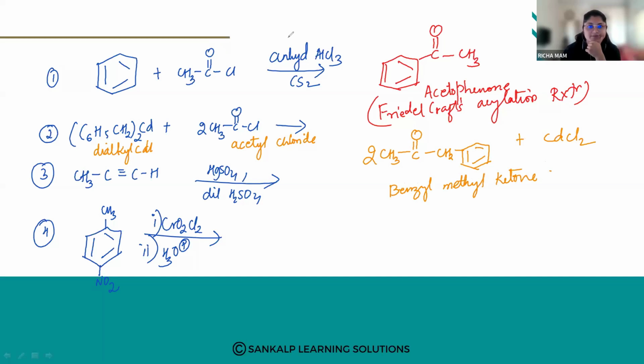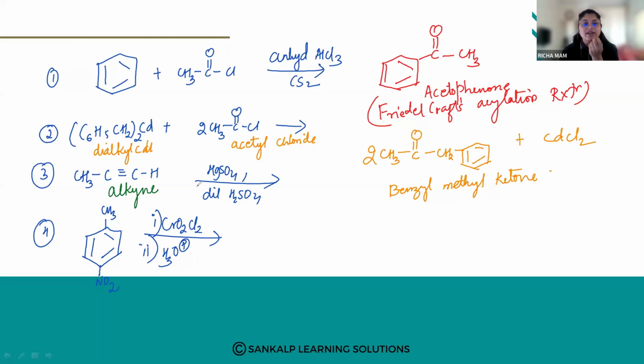Next one, you have an alkyne, generally. This is propyne, and we are reacting it with HgSO4 in the presence of dilute H2SO4. If you have only acetylene, then we are going to get an aldehyde.